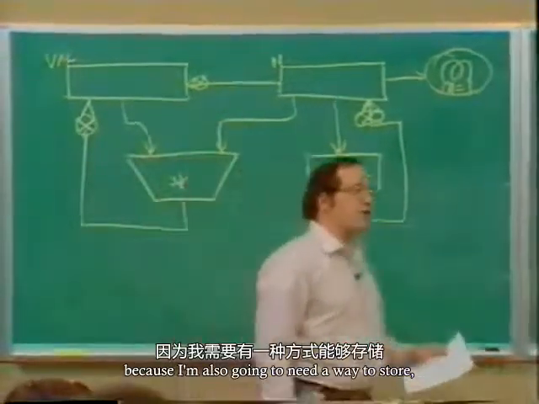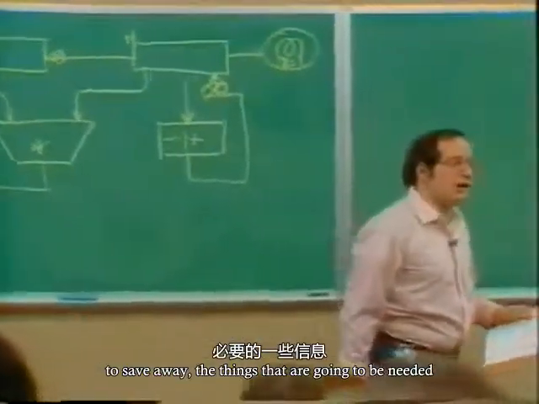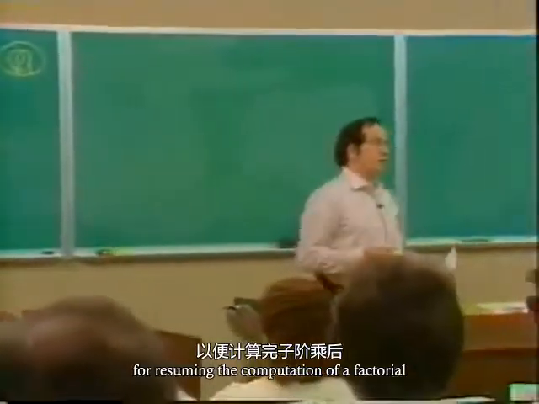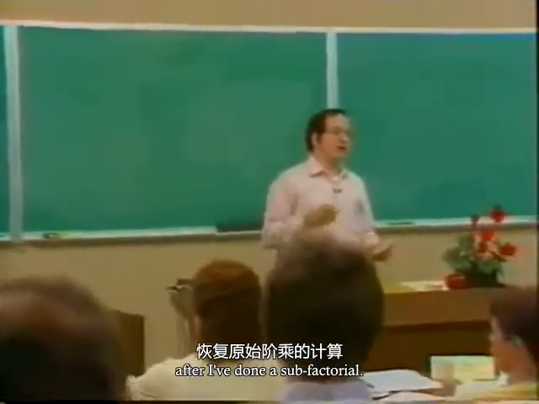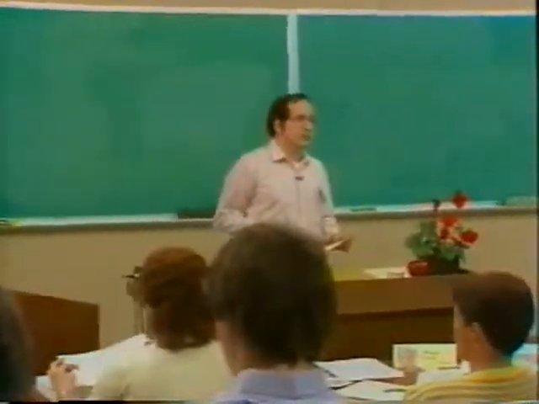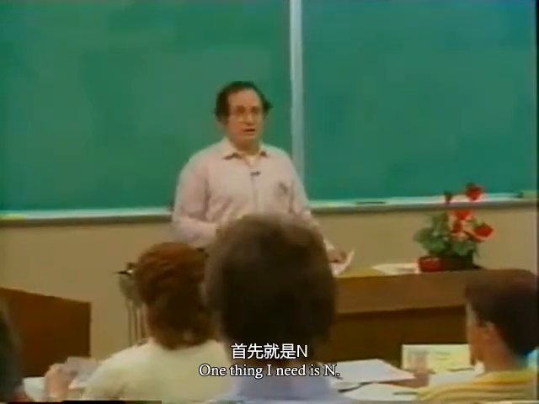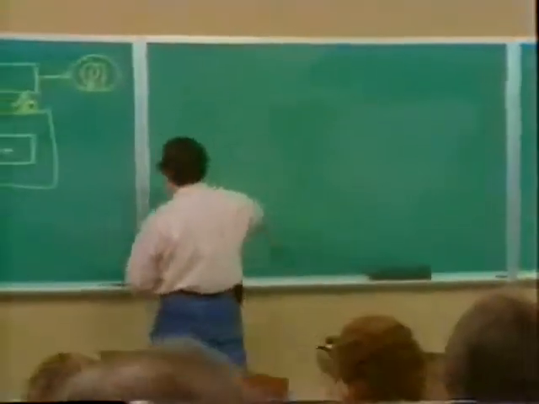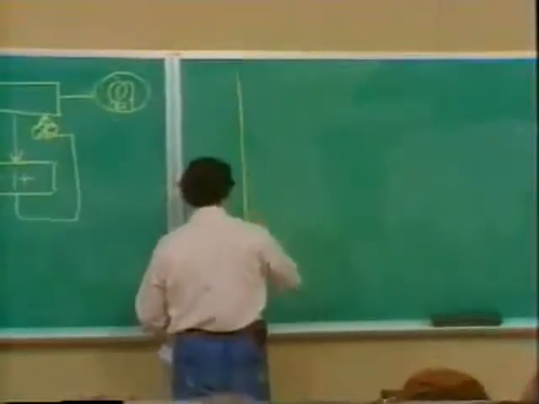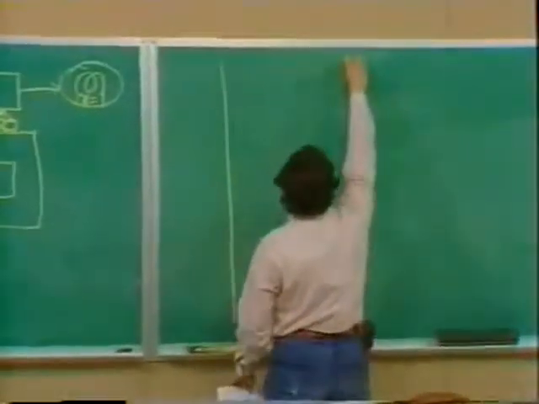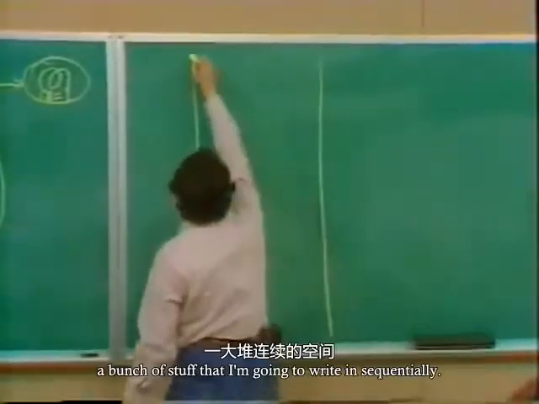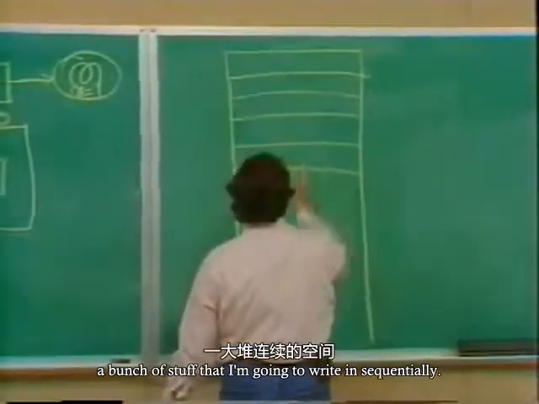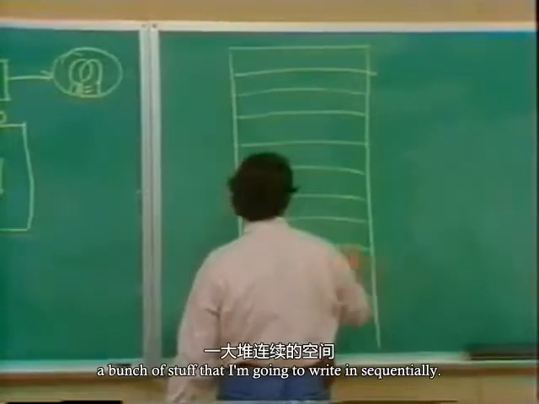Because I'm also going to need a way to save away the things that are going to be needed for resuming the computation of a factorial after I've done a subfactorial. What's that? One thing I need is n. So I'm going to build here a thing called a stack. The stack is a bunch of stuff that I'm going to write in sequentially.